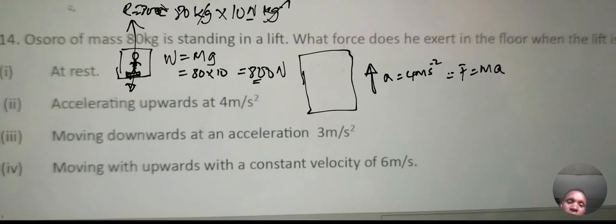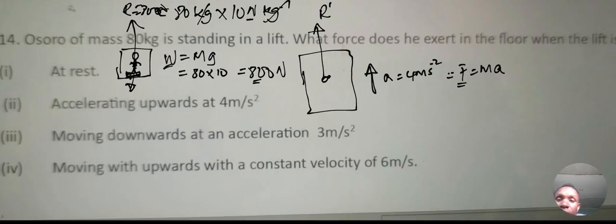So the reaction on Osoro in that direction will be R prime. And this R prime is more because we have this extra force because of acceleration upwards.